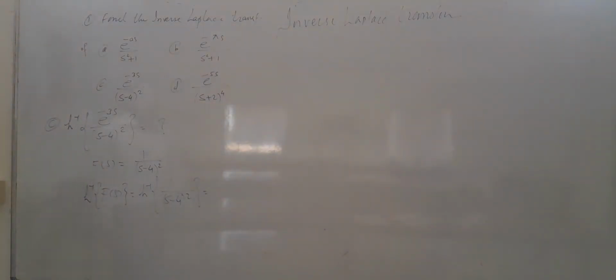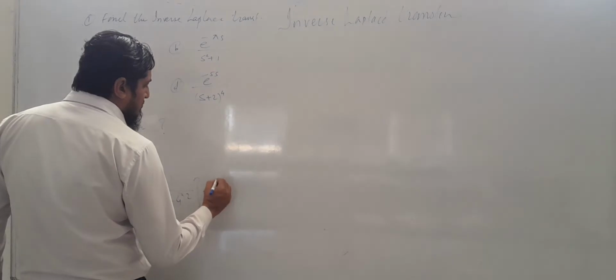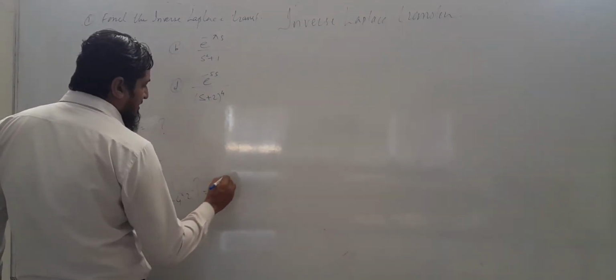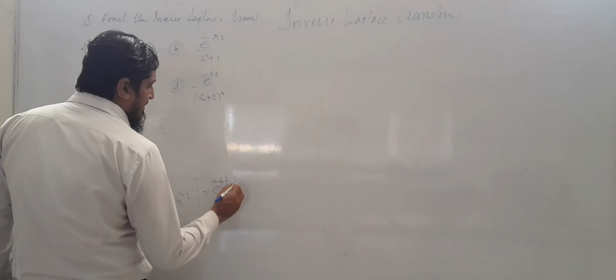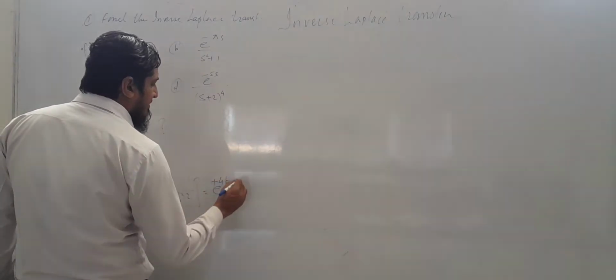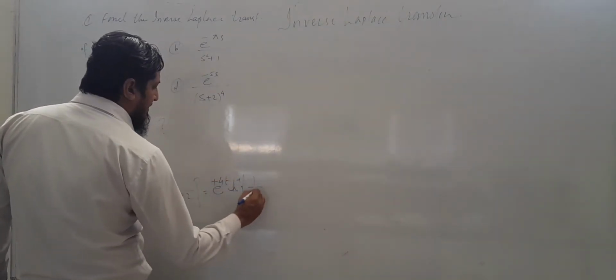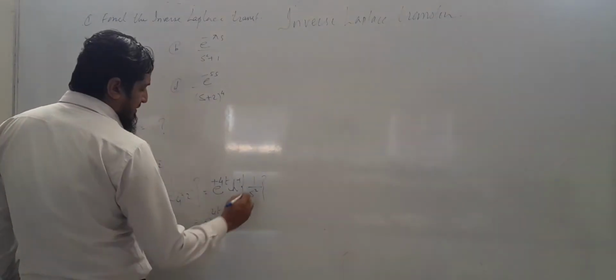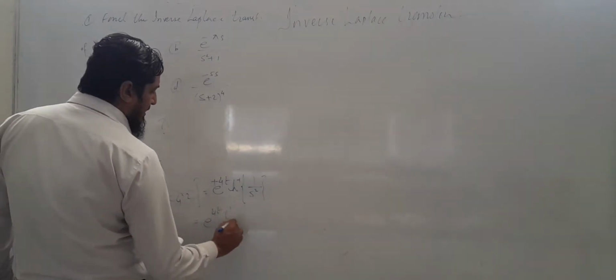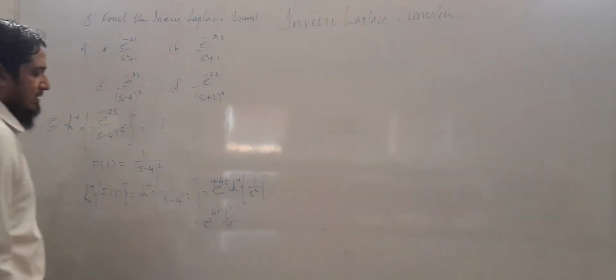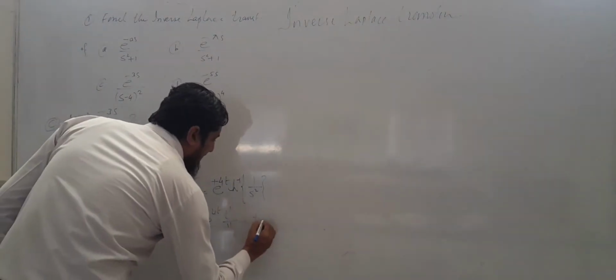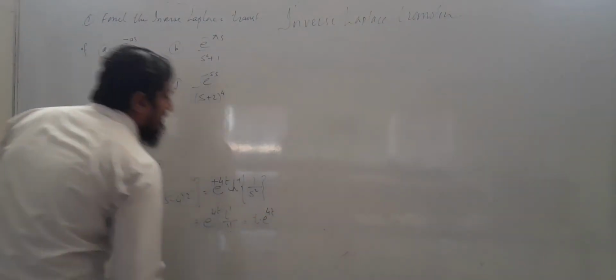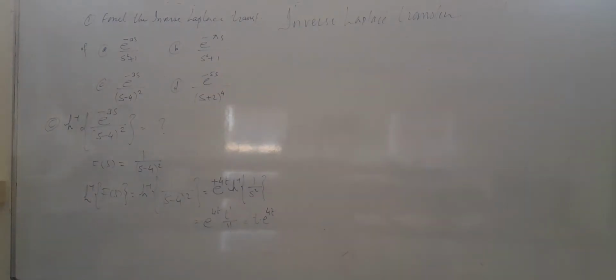By using the first shifting theorem, we can write it as e raised to plus 4t times the inverse Laplace transform of 1 upon s square, which is e raised to 4t times t raised to 1 upon factorial 1. So it will give us t times e raised to 4t. Correct? Now we have f of t.